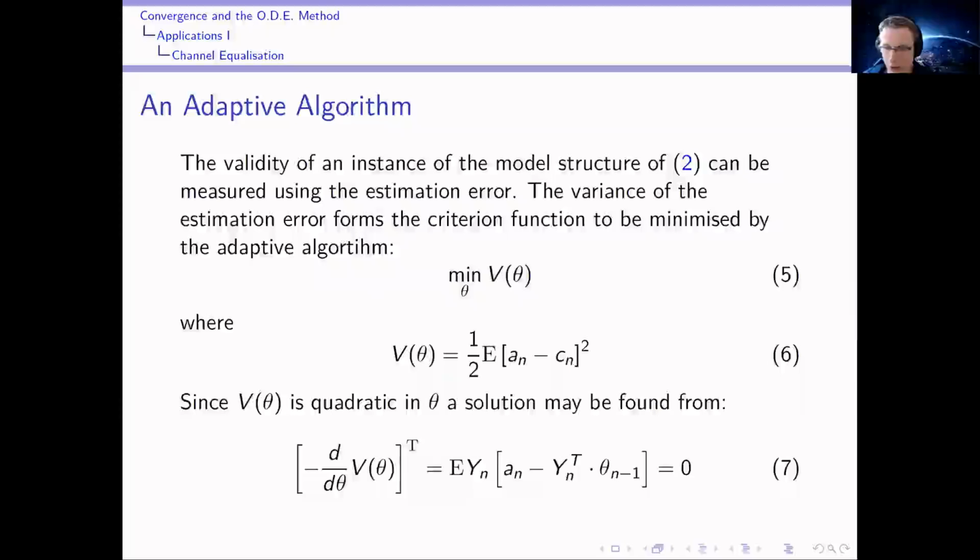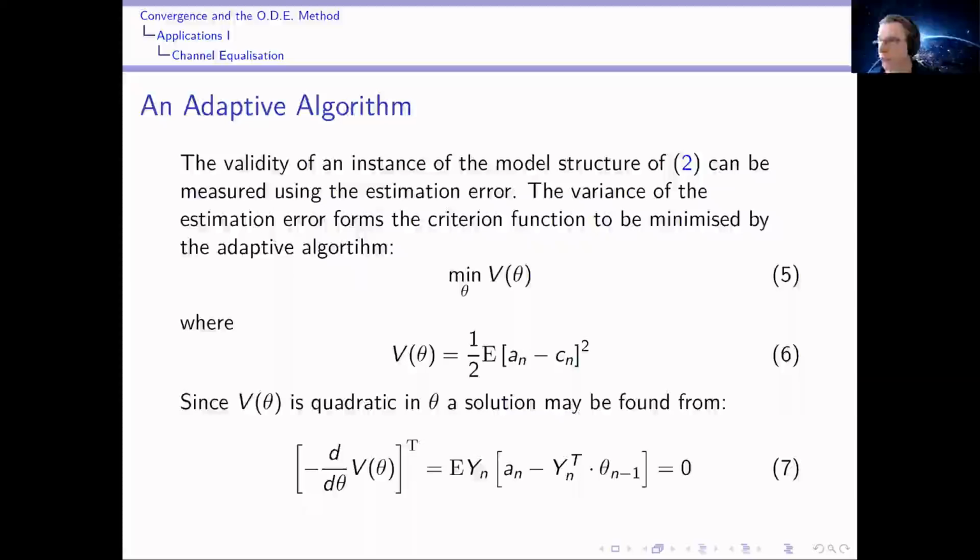So how do we know if the estimates of theta are any good? Given a set of parameters that defines a particular instance of the transversal filter, the validity of that instance can be measured from the estimation error. And therefore, the variance of the estimation error defines a suitable criterion for evaluating the parameterization.